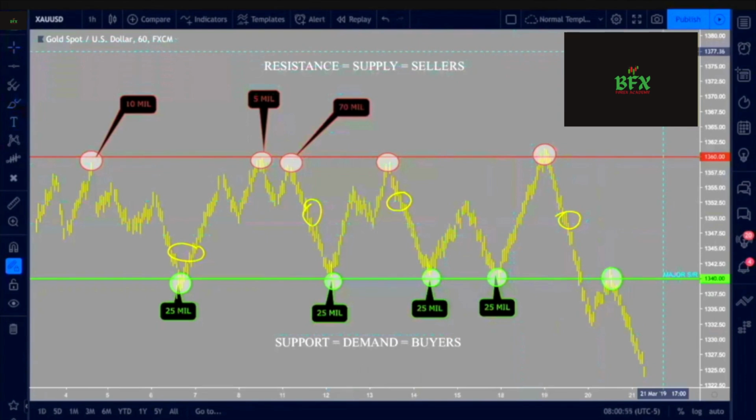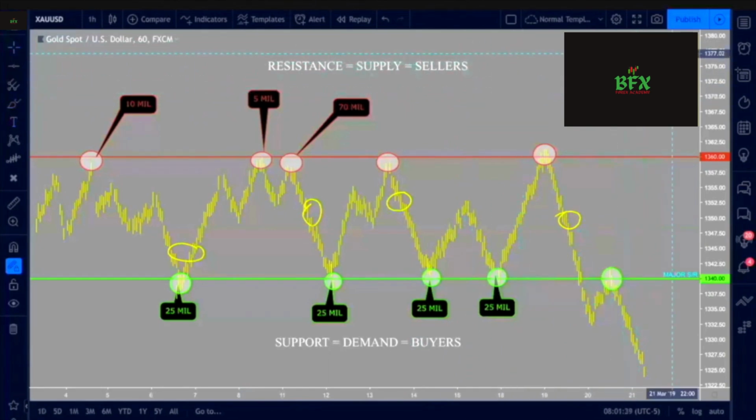Supply and demand is what creates that support and resistance. One more time: supply, that's your sellers. That's the sell off. Those are your peaks. That's your resistance. Demand, those are your buyers. That's your support. Together, supply and demand move the market, and together they create support and resistance.